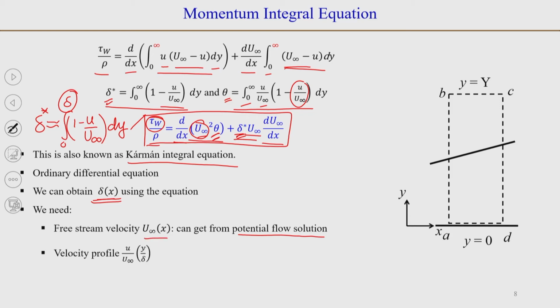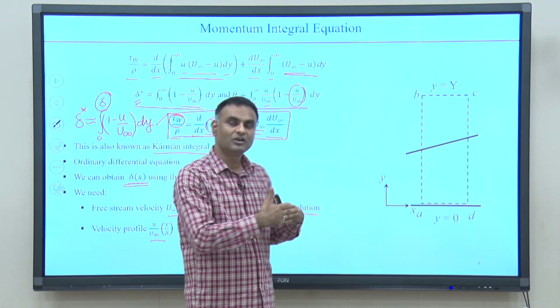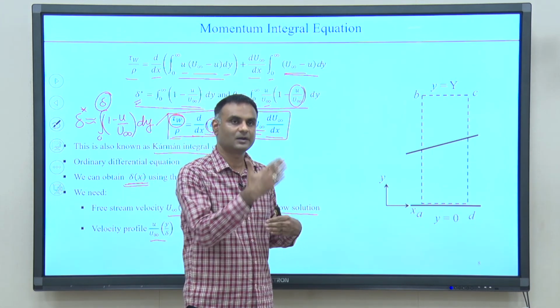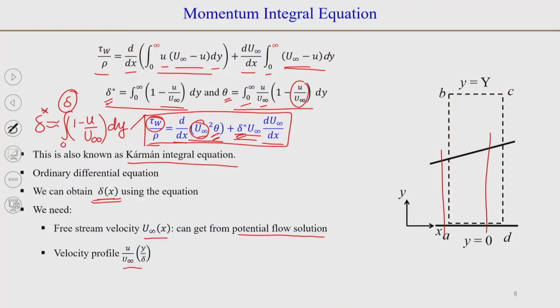Now, we also need the velocity profile. As we discussed earlier, u by u infinity is a self-similar solution. So, the value of u by u infinity in terms of y by delta will be the same across all x. So, we need the velocity profile u by u infinity as a function of y by delta.